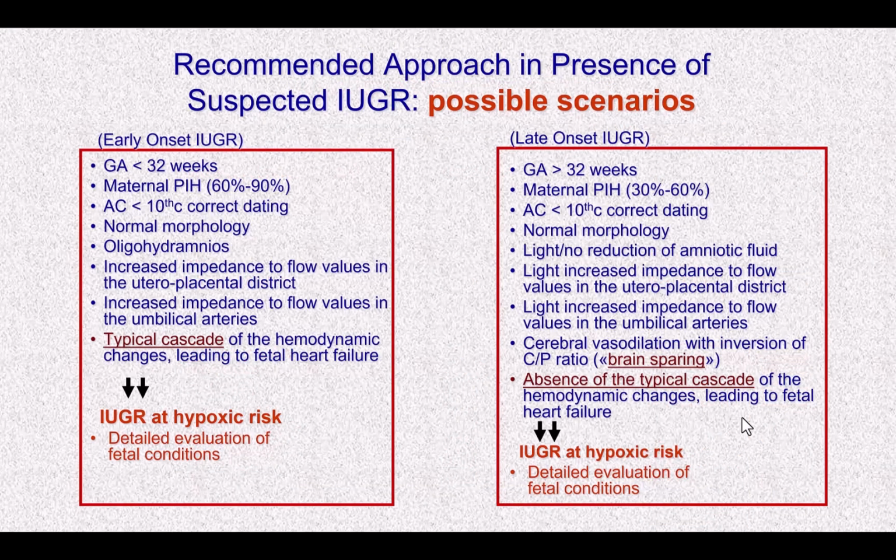So I showed the typical cascade of hemodynamic events in early onset IUGR, but there is another scenario that is very important, characterized by some particular aspects, and the main aspects are underlined by the arrow, particularly the gestational age is more than 32 weeks.